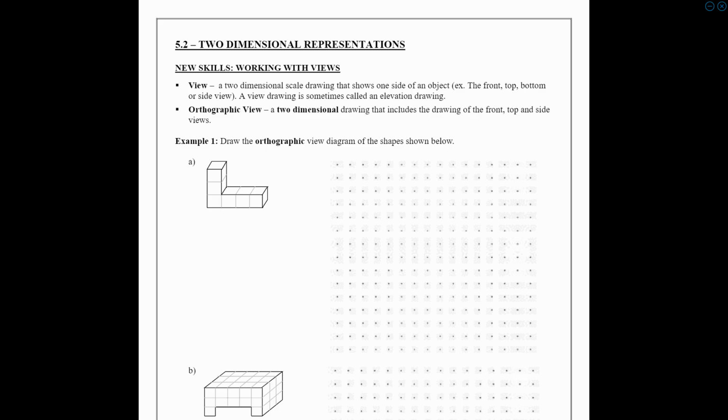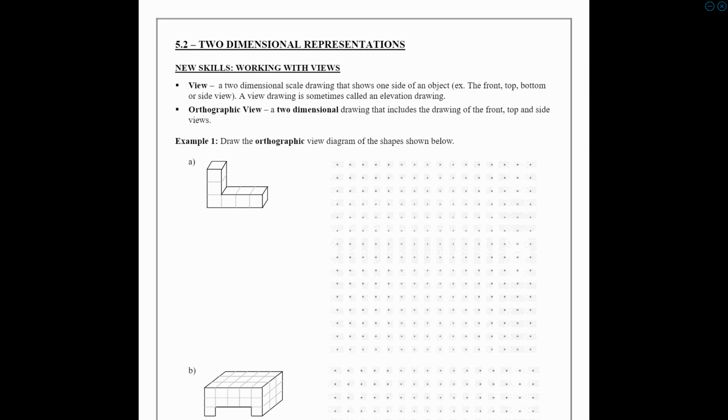All that means is basically draw the front view, the top view, and the side view. Most often you'll get right side view or something like that. This says front, top, bottom, or side view. I want front, top, and right side is how we're going to do this in general.